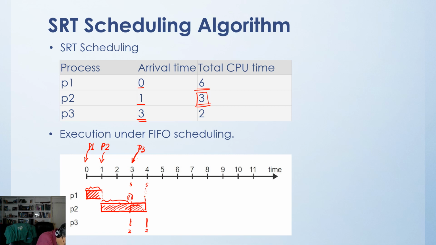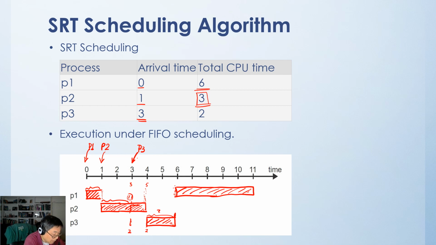So P3 gets the CPU and executes for 2 time units. And then after P2 completes the job, there's only 1 process in the system. That's P1. So then P1 gets the CPU time and completes the job.